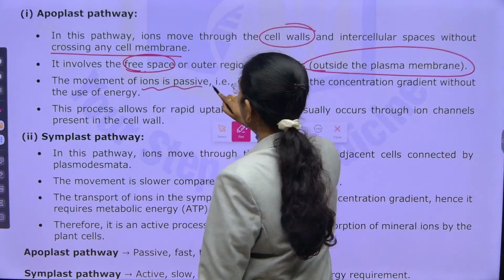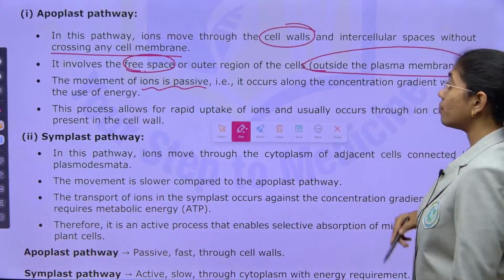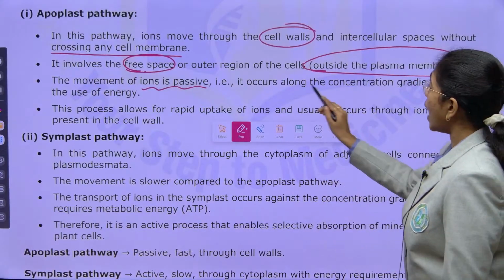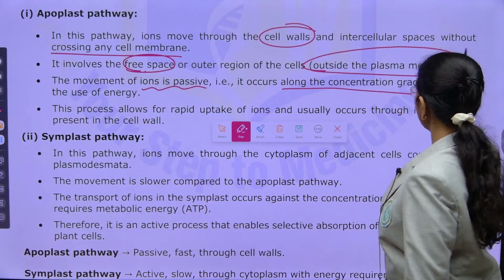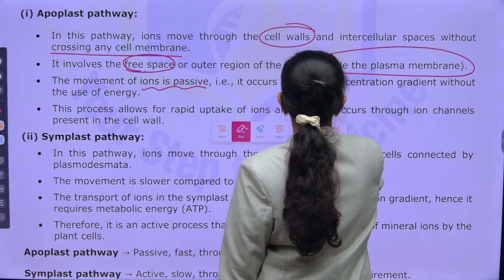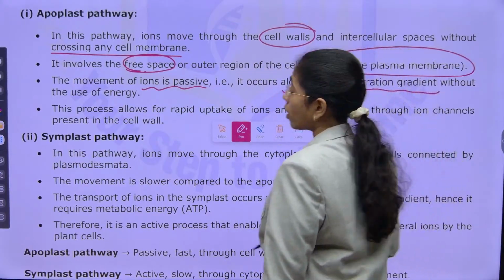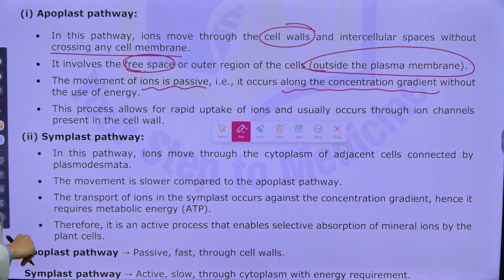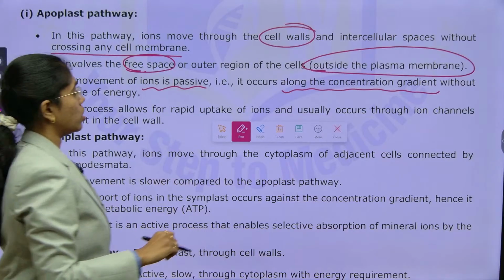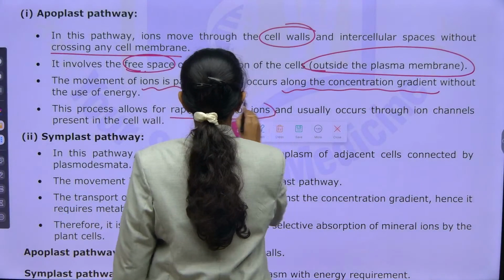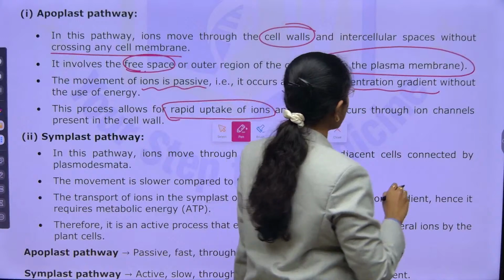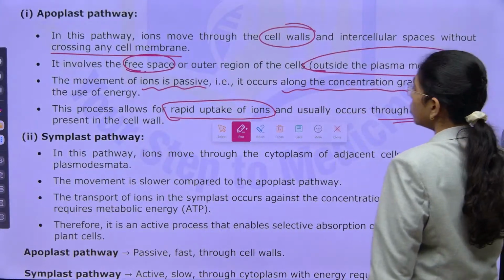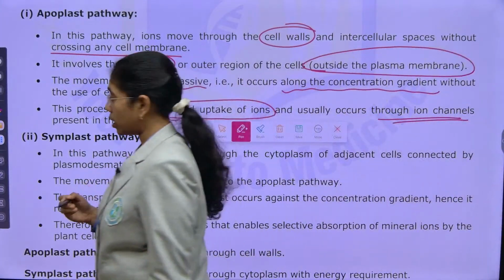Always remember, movement of ions is passive, that is it occurs along the concentration gradient without using any energy. This process allows rapid uptake of ions, and usually this occurs through ion channels which are present in the cell wall.